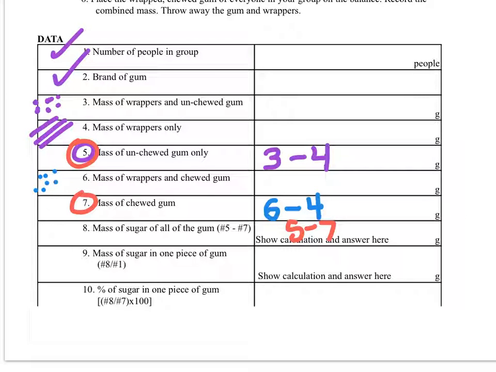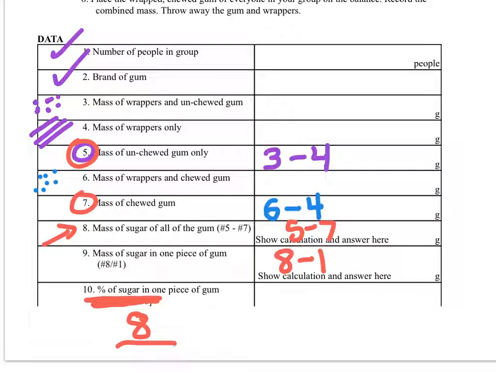And to take it a step further, to find the sugar of just one piece, you will take what you just got in step 8 and divide it by the number of people in the group, or step 1 there in the table. In order to find the percent of sugar in one piece of gum, real quick, this calculation is wrong, okay? So we're going to fix this right now. To find the percent of sugar in one piece of gum, you take the mass of sugar, which is calculation 8.